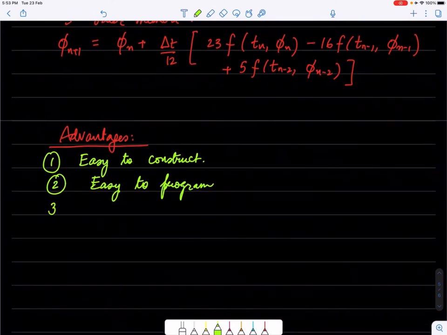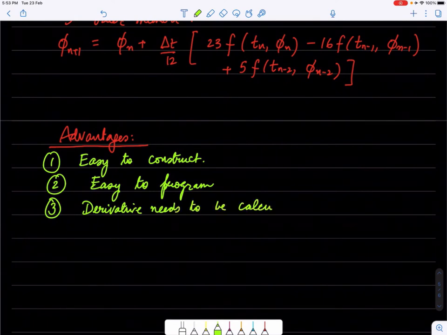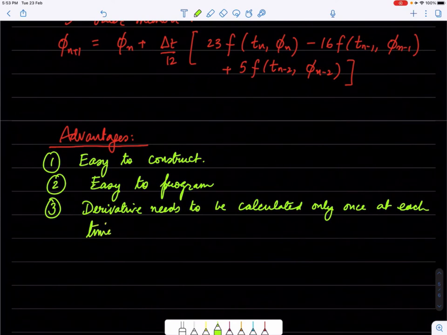And the third aspect is that the derivative, which is function f, needs to be calculated only once at each time step, and it can be stored for subsequent analysis.